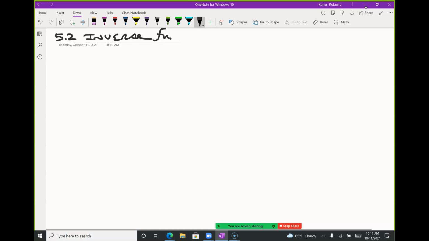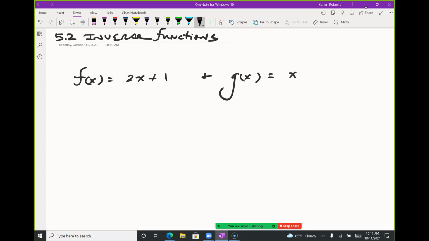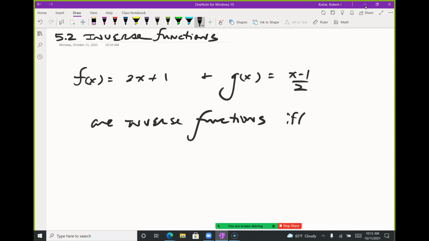All right, inverse functions. So let's look at some notation first. f of x, let's do the one we just had, 2x plus 1, and g of x equal (x minus 1) over 2 are inverse functions if and only if f composed with g equals g composed with f equals x.